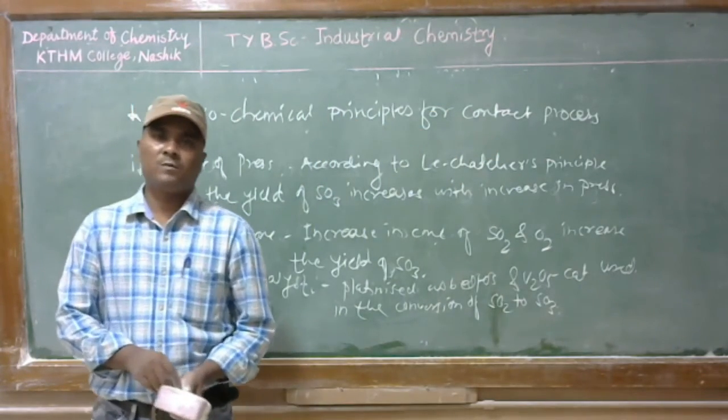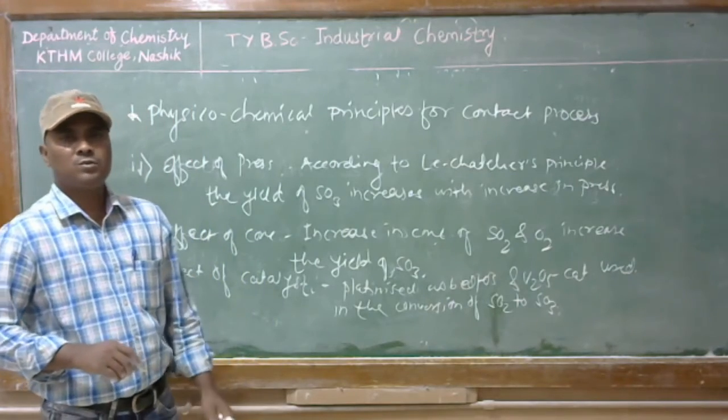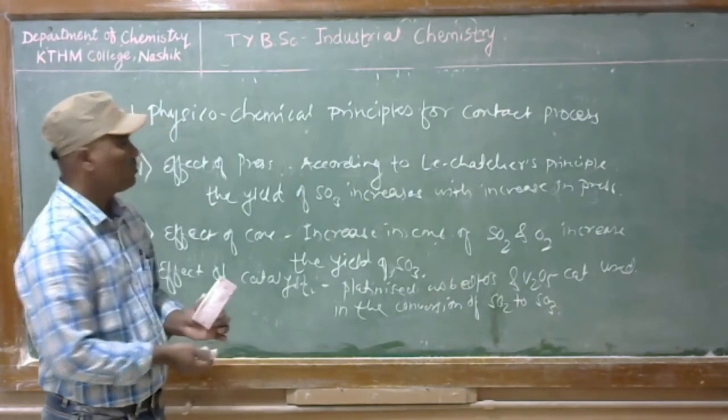So platinized asbestos or vanadium pentoxide is used in the conversion of SO2 to SO3.